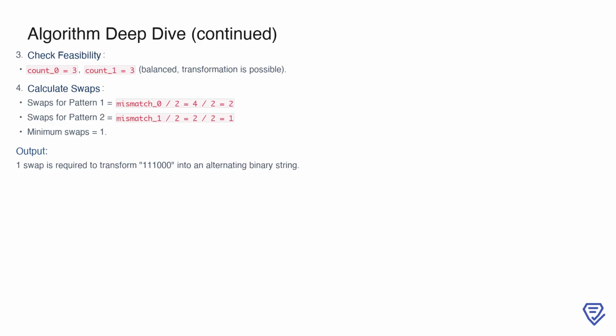For pattern 2, the swaps required are mismatch_1/2, which is 2 divided by 2, resulting in 1 swap. Since pattern 2 requires fewer swaps, we choose it, and the minimum number of swaps needed is 1. Therefore, the output for this example is 1, meaning 1 swap is required to transform 111000 into an alternating binary string.